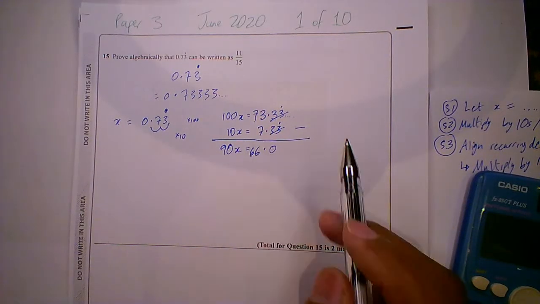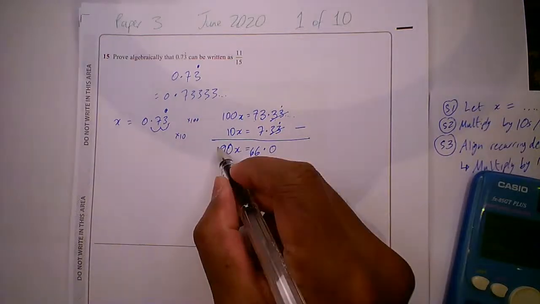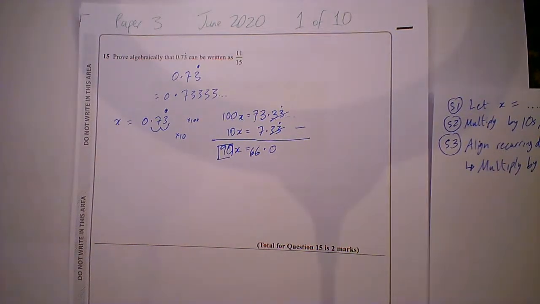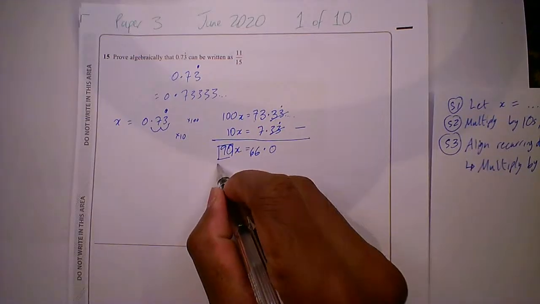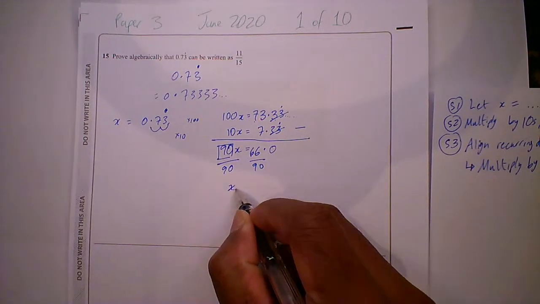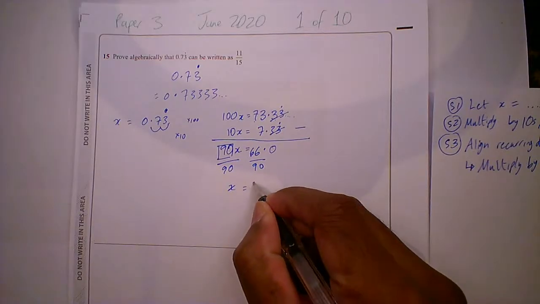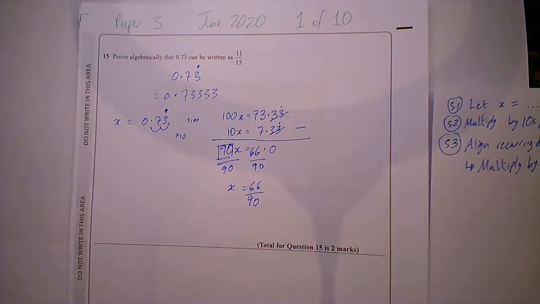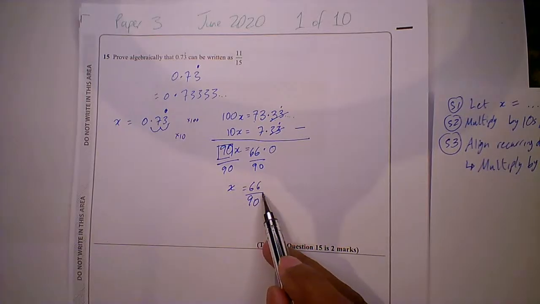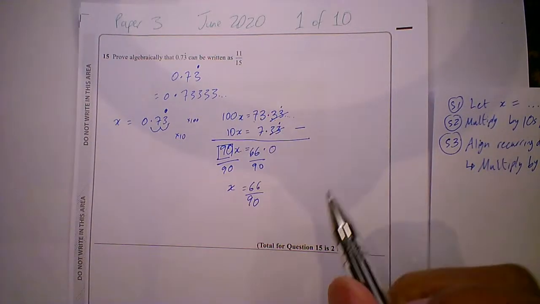So 73 take away 7 is 66. And now I need to solve for x. So I'm going to be dividing by 90, and then I simplify: x equals 66 over 90. And now I need to see what do I need to divide by. I keep simplifying this until I get to 11 over 15.